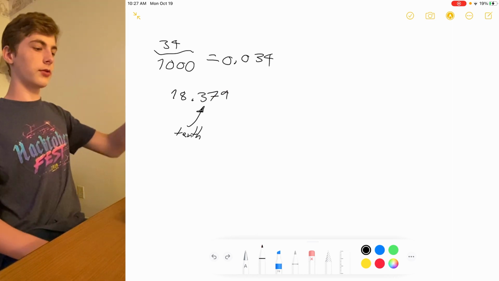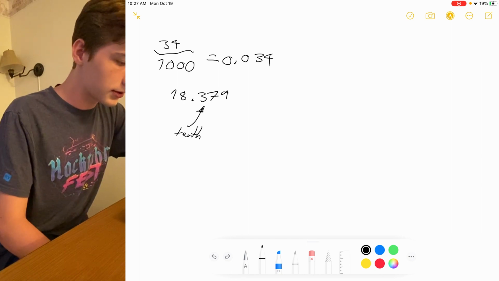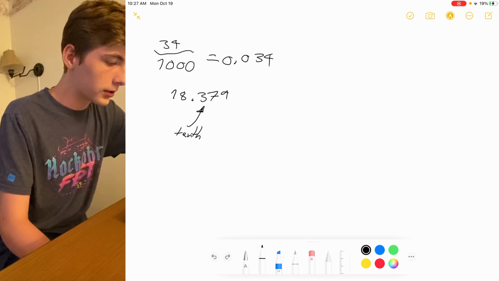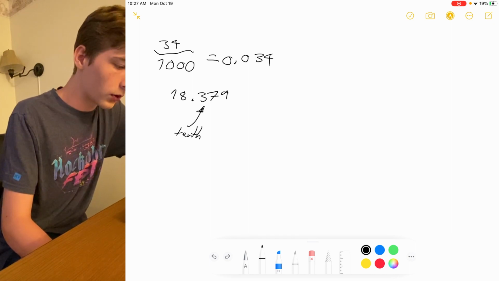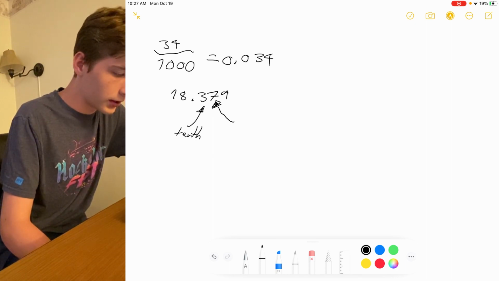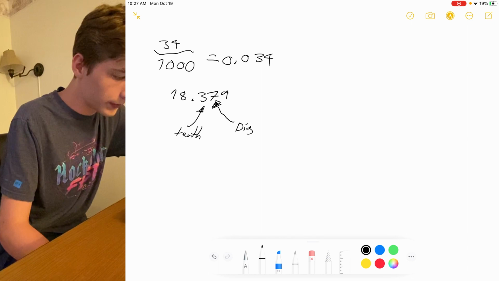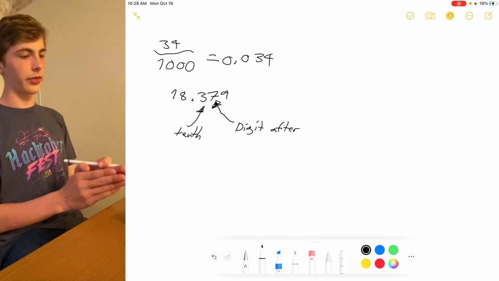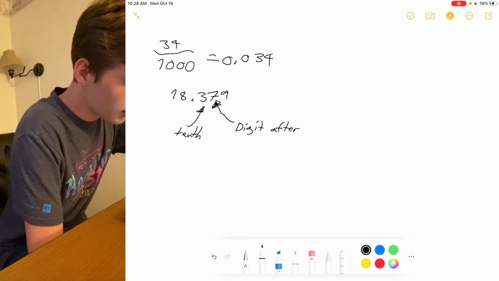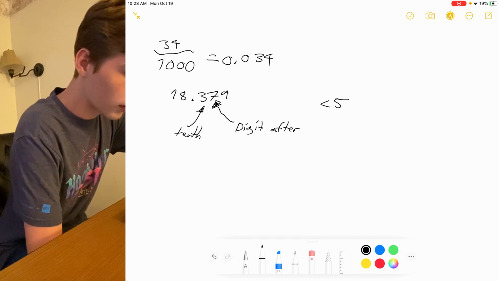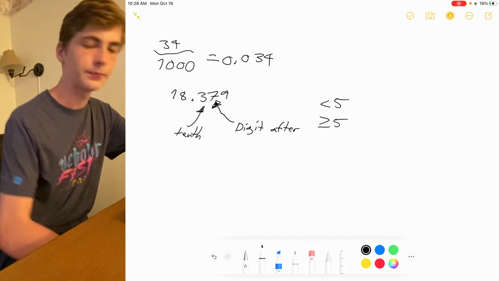And so here's how we do this. It's a pretty simple rule. Basically, when we're rounding to a tenth or to anything, we're going to look at the digit right after it. So in this case, it's 7. So, digit after, I'll say. And we're going to check one thing. Is it less than 5, or is it greater than or equal to 5, right?